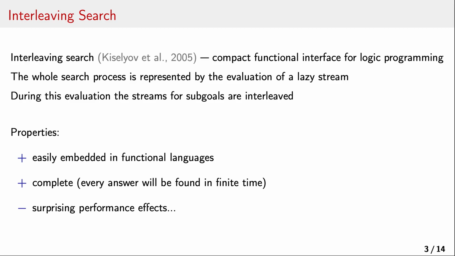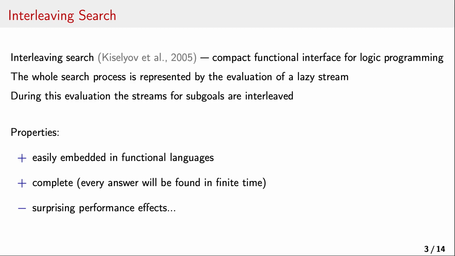And during the evaluation, the streams for sub-goals are interleaved, thus the name of the search. This search procedure has a number of distinctive properties. Most importantly, it is easier to embed in functional languages, and so today miniKanren has dozens of different versions for different host languages based on this search strategy.